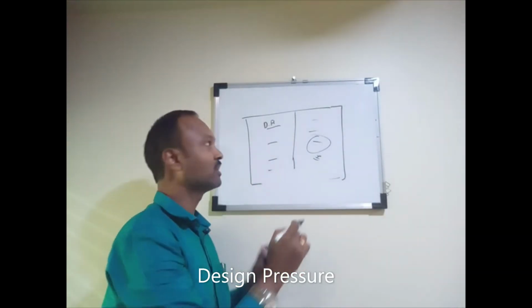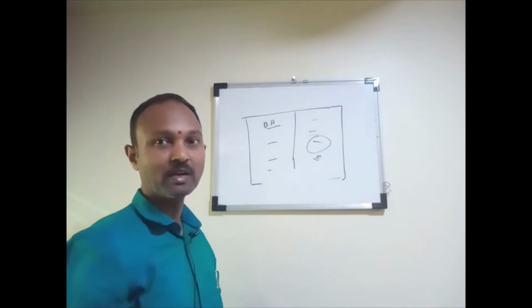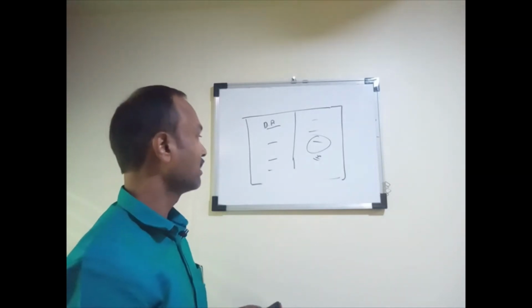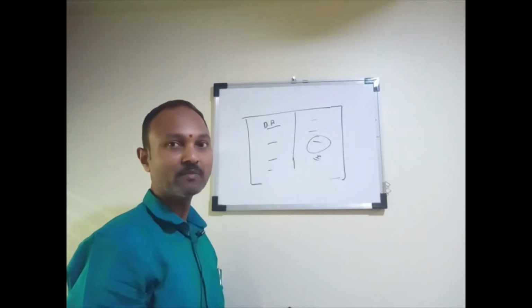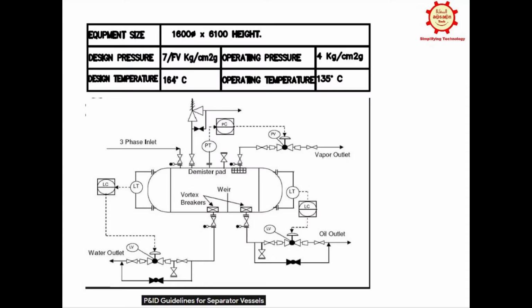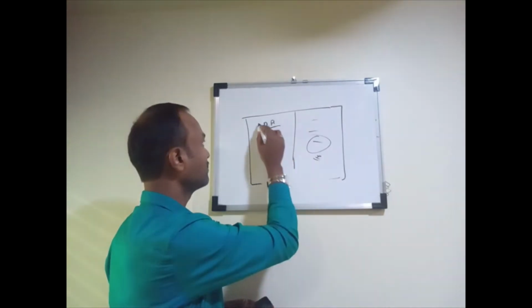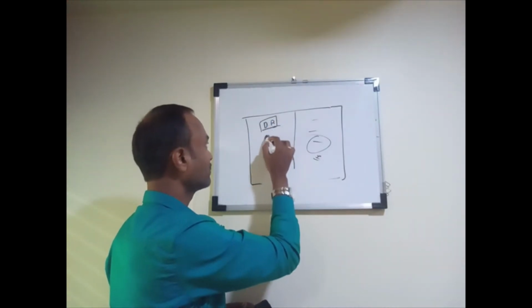This design pressure normally comes from the process. When we take it from the process, from their P&ID or PFD, the process deliverables, from there we take the design and operating pressure.